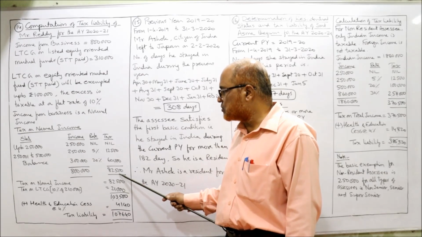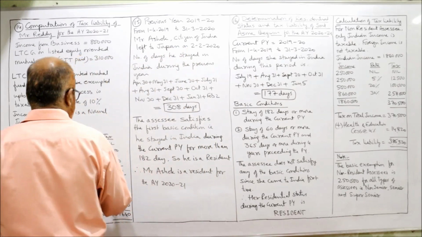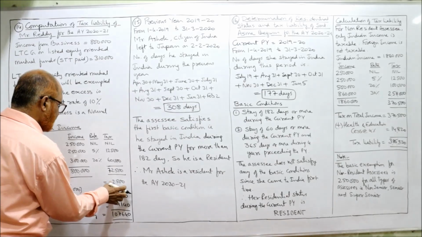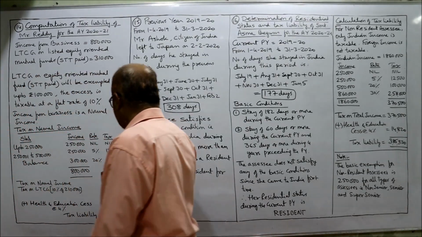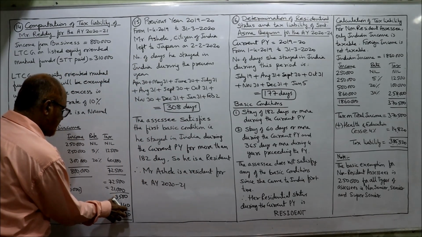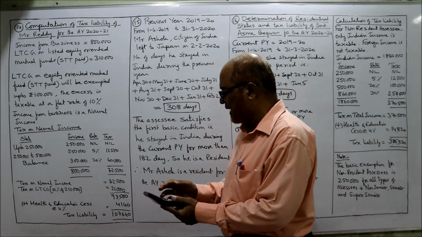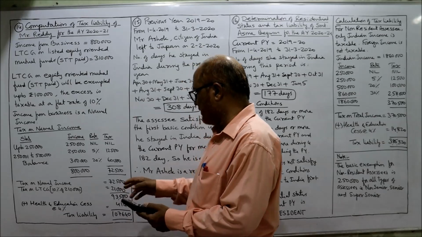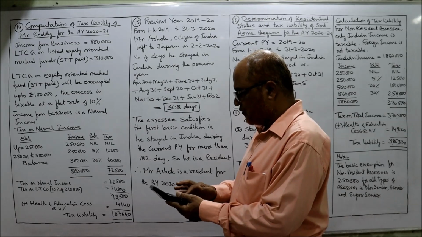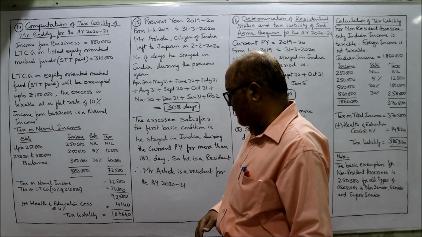Add up, 72,500. So I'll make it 72,500. So 72,500 plus 21,000 is 93,500. On 93,500 we'll calculate the tax.